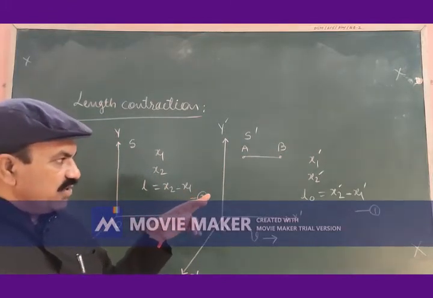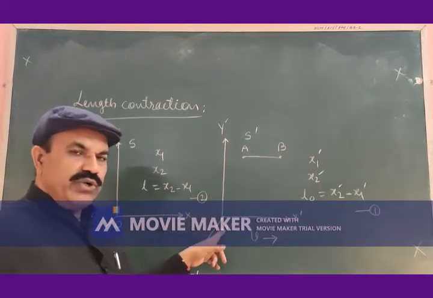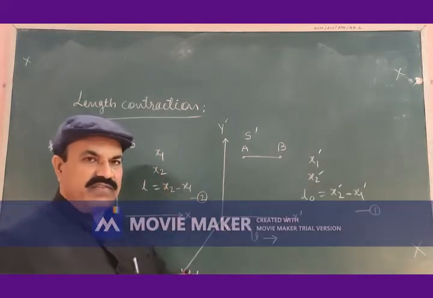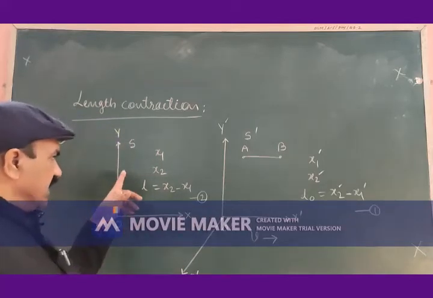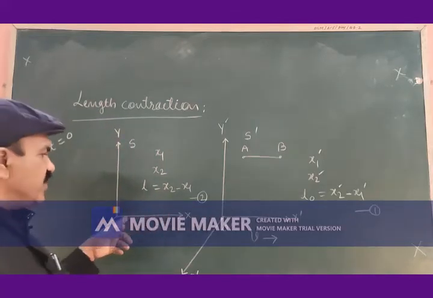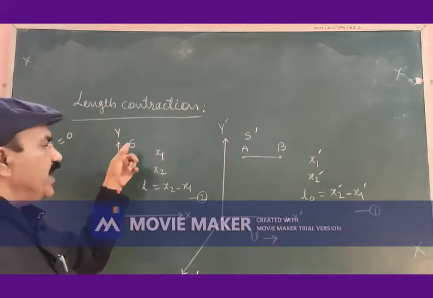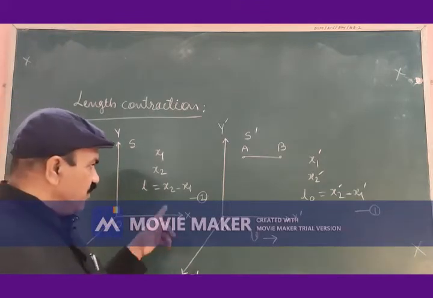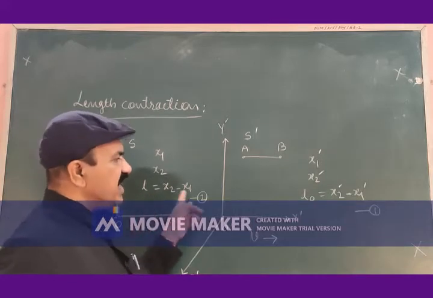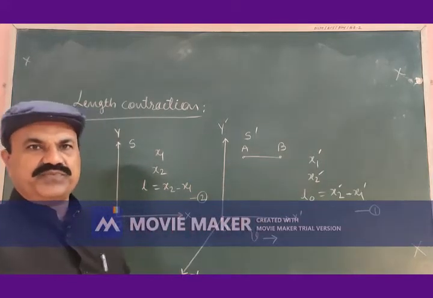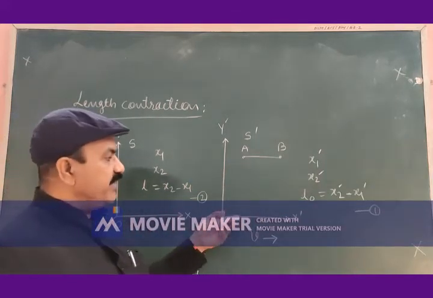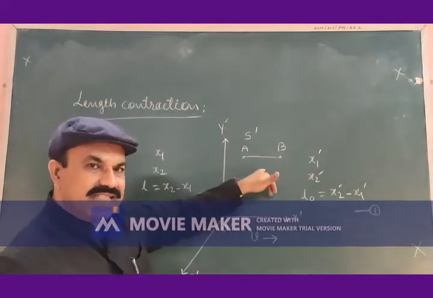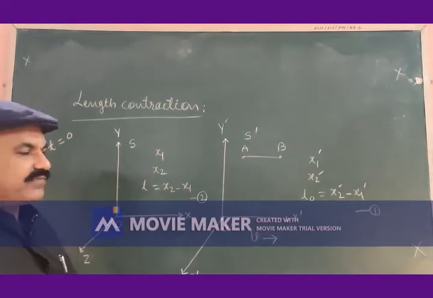Length L0 is noted by observer O dash in frame of reference S dash. Length L is measured by observer O in frame of reference S. We want to see the relation between this L and this L0. L0 is the length measured by O prime of the rod lying in the same frame of reference.